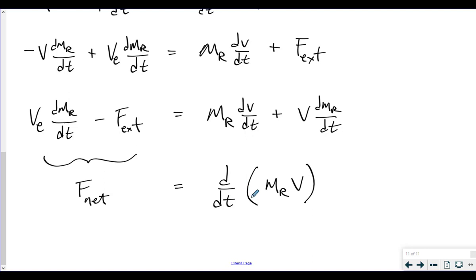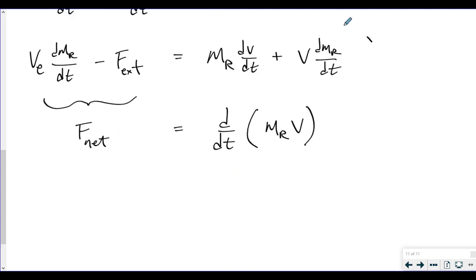So it's a derivative of the momentum that is the total force, the net forces of the system, and the net forces of the system can be described as these two components that involve the lost mass due to the exhaust and the change in the mass of the rocket. And of course there may be other forces, external forces like gravity and air resistance, that are also part of the net forces in the system.